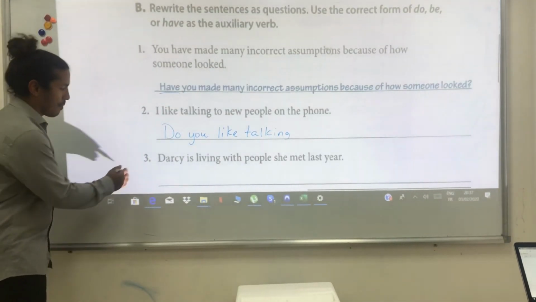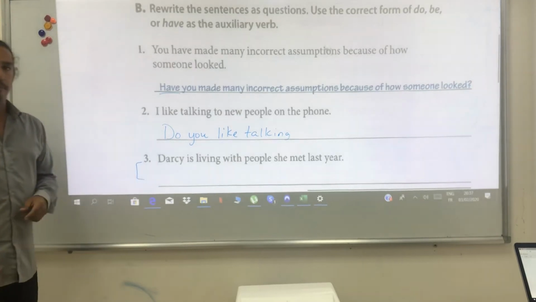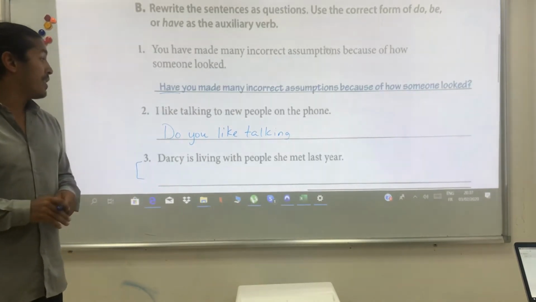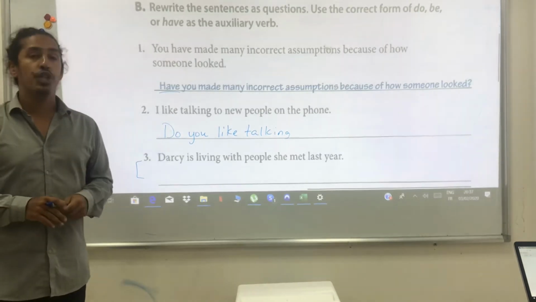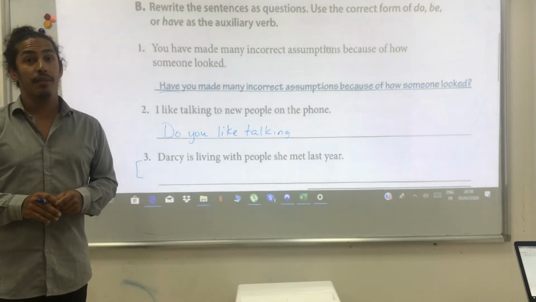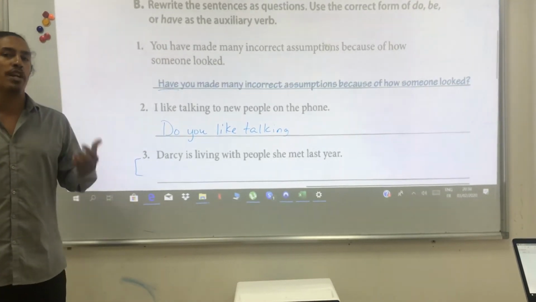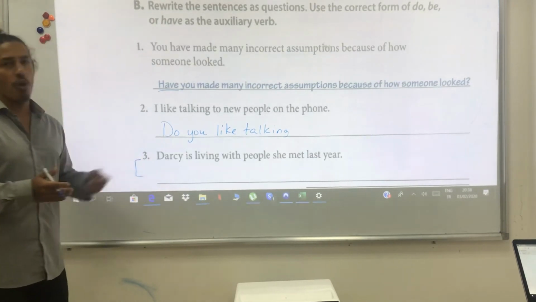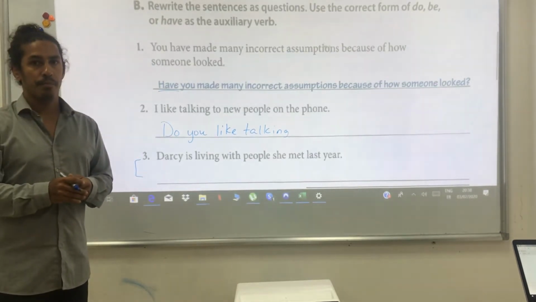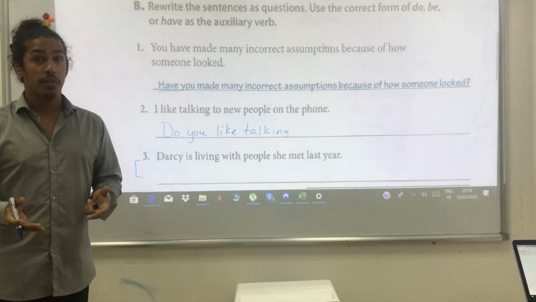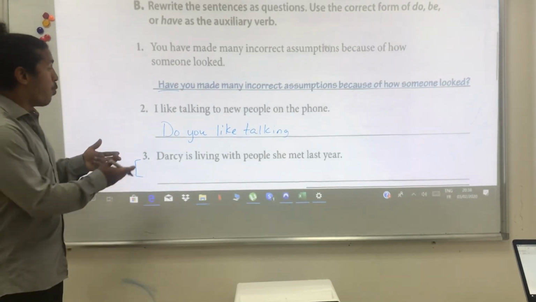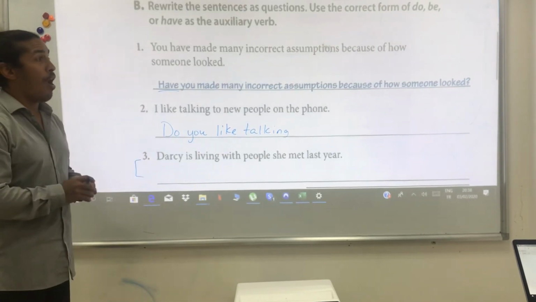Okay? Moving on to number 3. Darcy is living with people she met last year. Now, making that into a question, what form is this? Present continuous. So present continuous, which form are we going to be using?